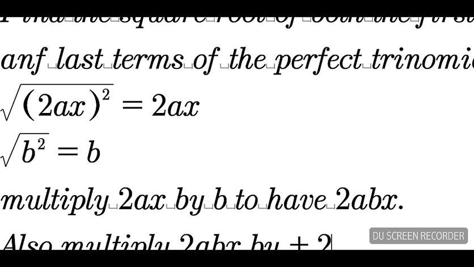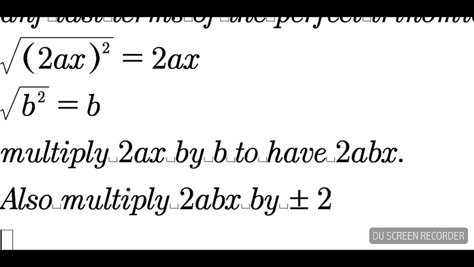But in this case, the sign is plus. So 2abx times plus 2 is equal to 4abx. Do you see that this 4abx is what is given to us in our fifth equation?